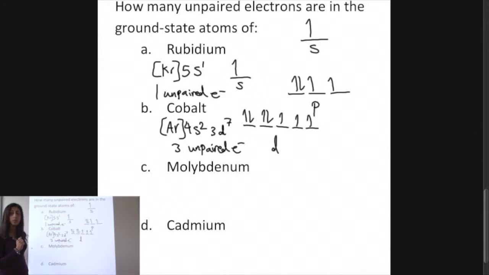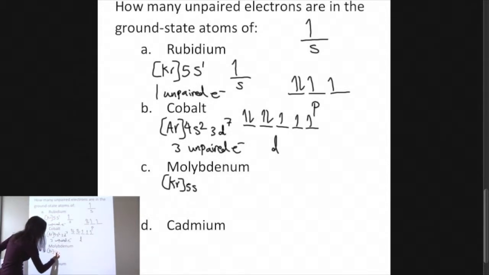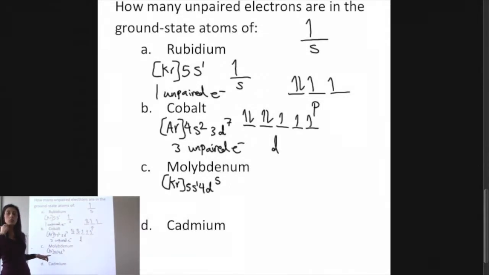Next one is molybdenum. So this one's going to be krypton, and we have 5s1, 4d5. And remember, molybdenum is part of the exception rule, so keep that in mind.